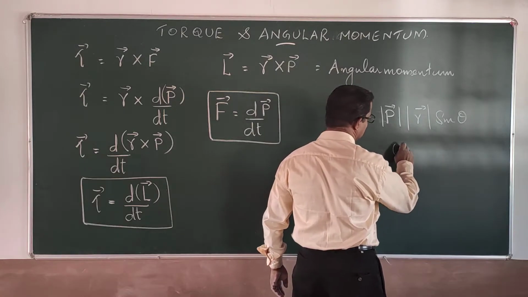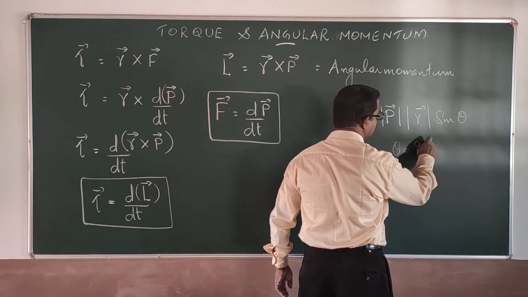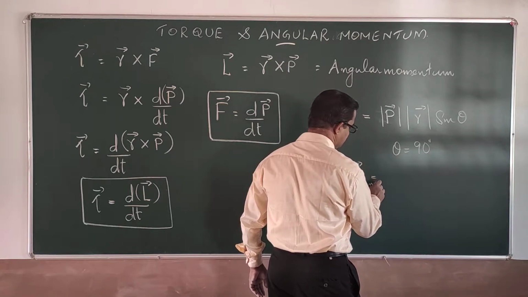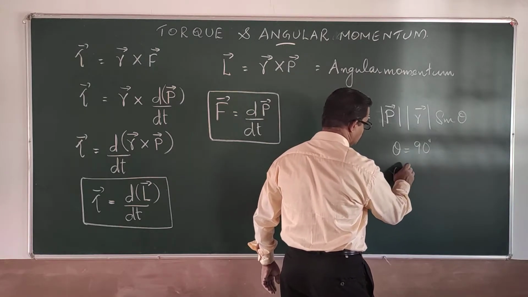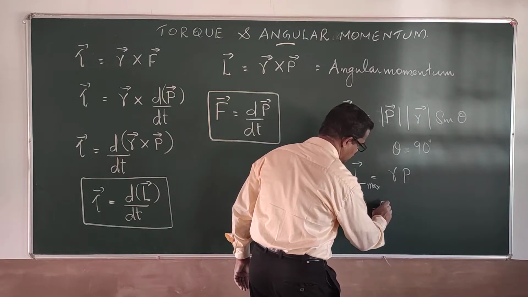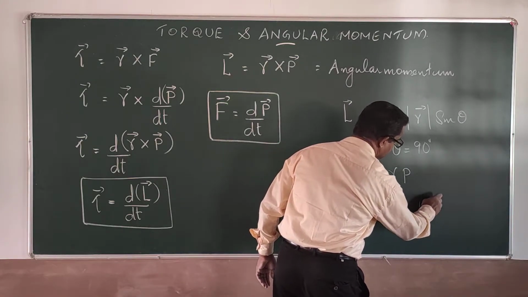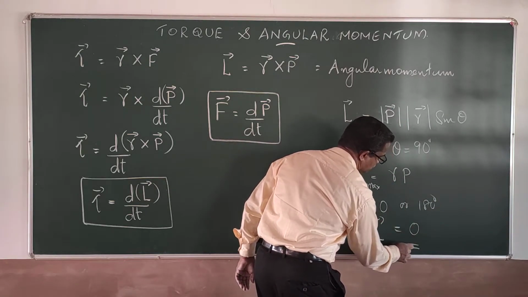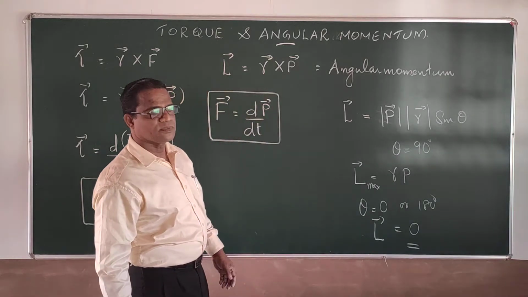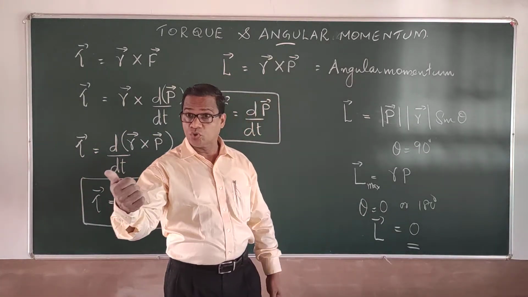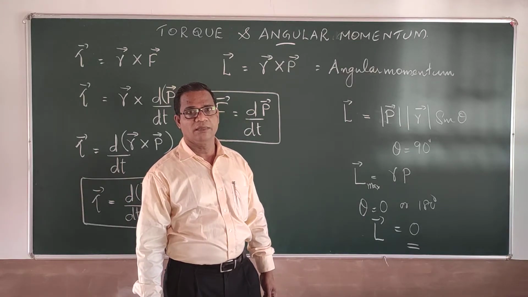And you can see that when angle theta equals 90 degrees, angular momentum L will be maximum, and that is equal to R into P. When theta equals 0 or 180 degrees, angular momentum L equals 0. That is the minimum. The same is applicable to torque also, you might have noticed that.